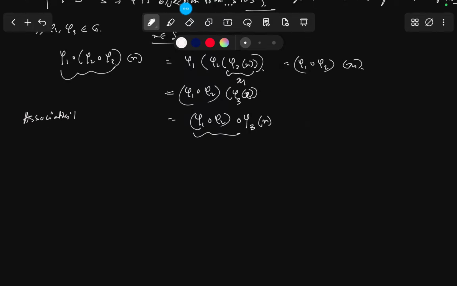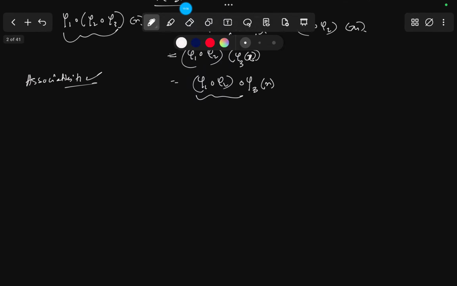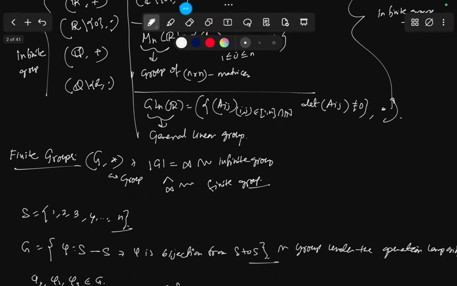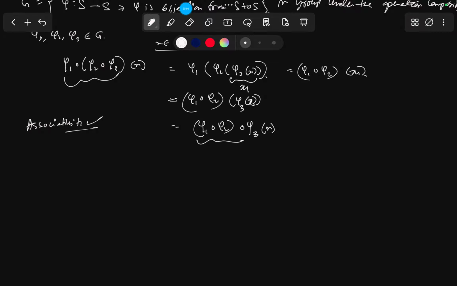Now our next condition is that we need to check the identity, and as the most obvious choice we can consider the identity to be the identity map over S itself, that is, from S to S, such that ID_S of x is going to x for all x belonging to S. That is, 1 is mapping to 1, 2 is mapping to 2, 3 is mapping to 3, and so on up to n mapping to n.